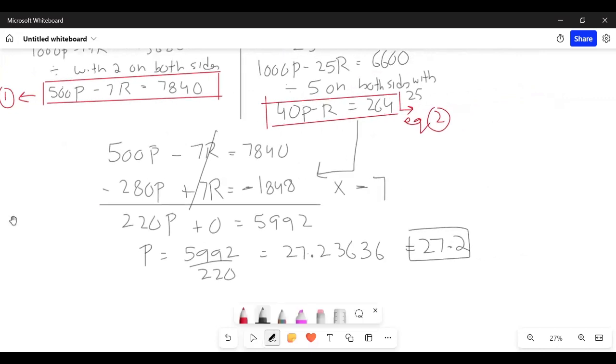And the unit would be watts. Sorry, kilowatts, because P is in kilowatts.